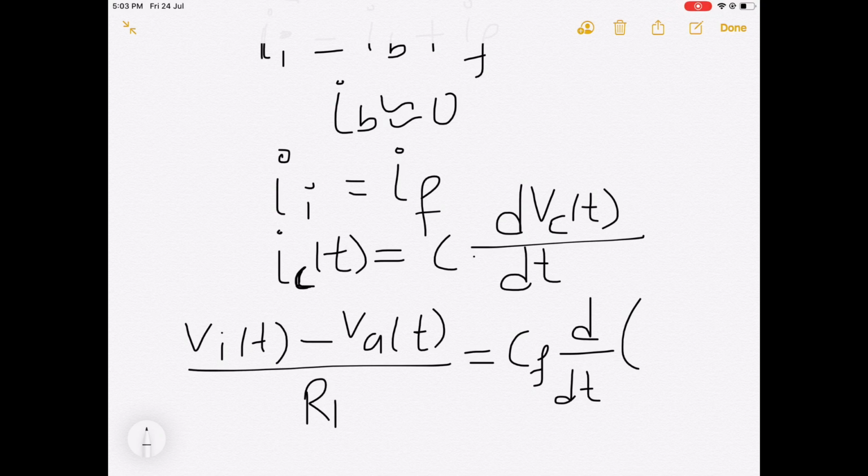It can be written like this: Va of t minus Vo of t.